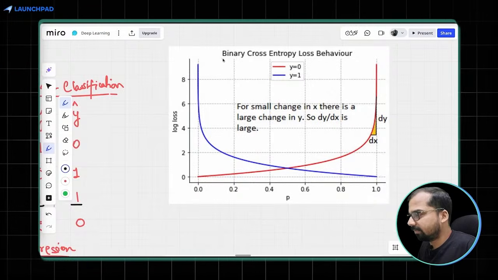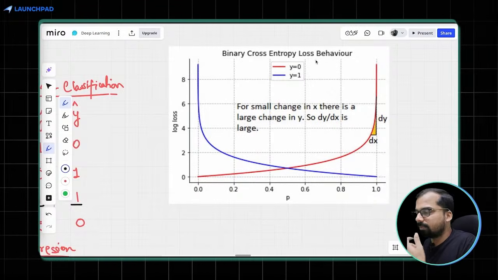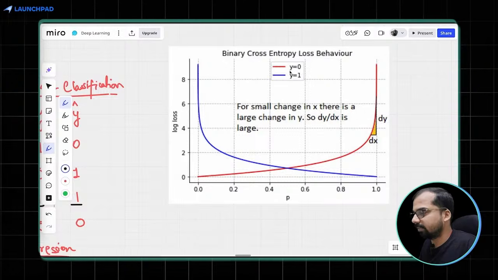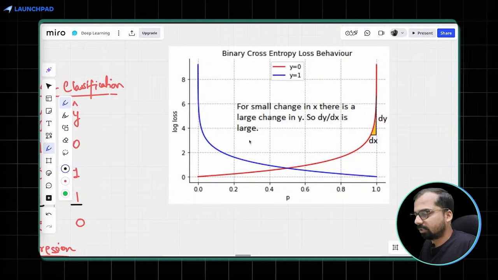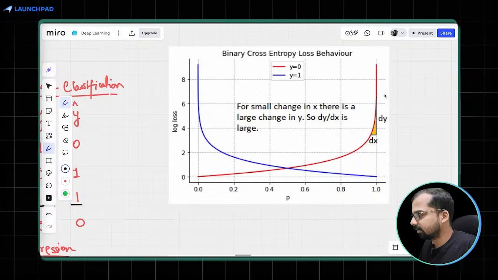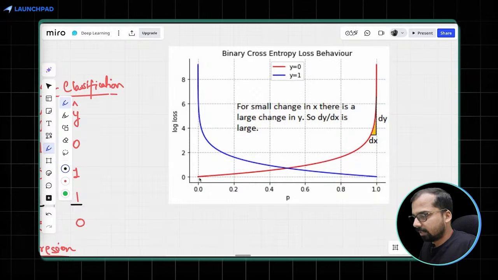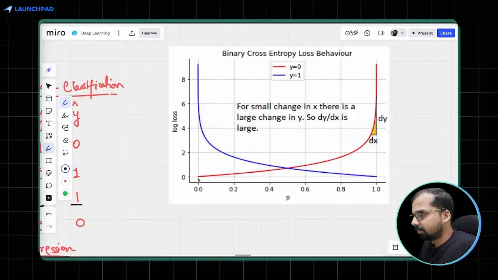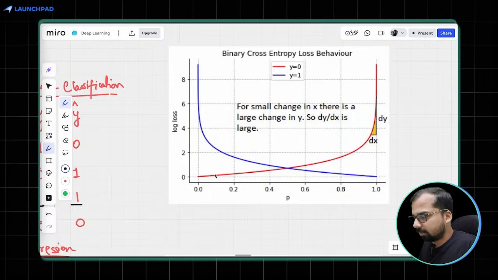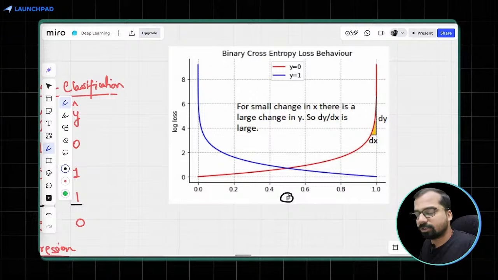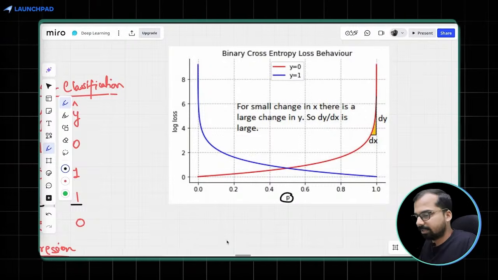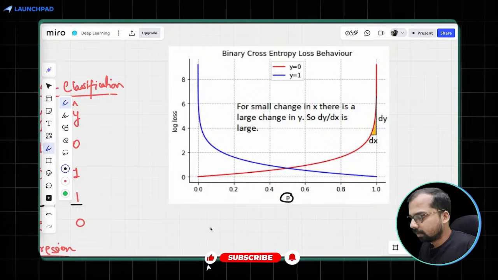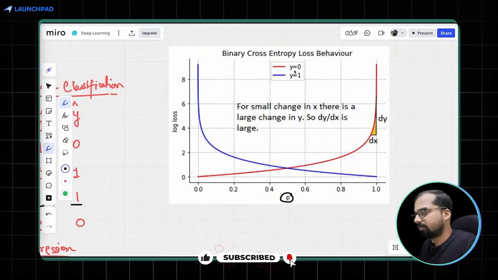So this is a graph for, because I told you that formula can be broken down into two parts. When your actual value is 0, when your actual value is 1. So when your actual value is 0, the curve is something like this. And this P is actually probability. Basically what happens is you predict the probability of class 1.